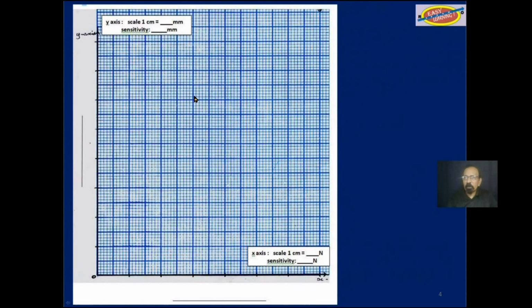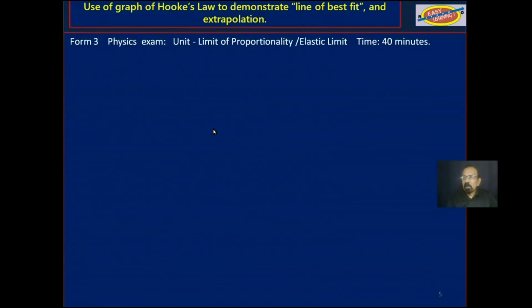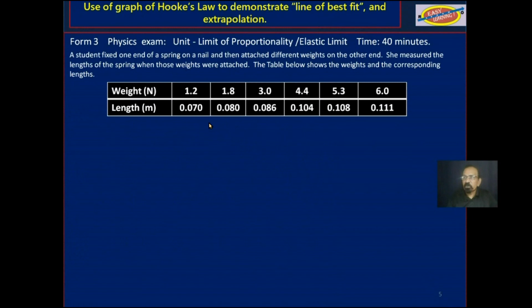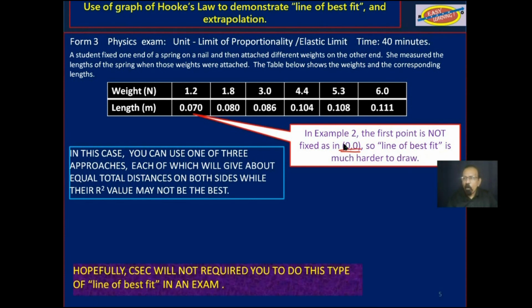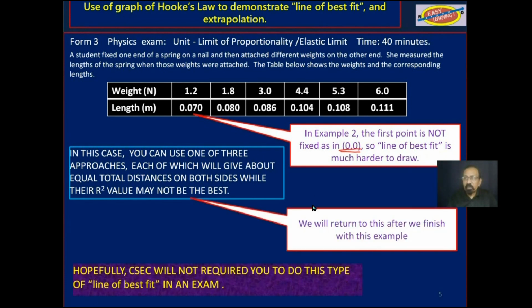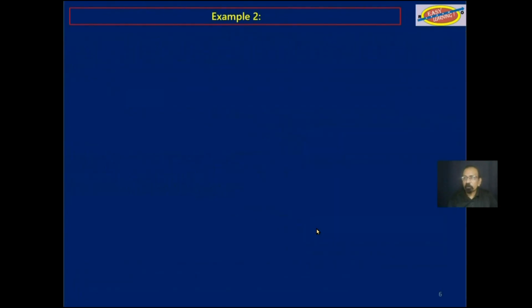So this was the graph paper that the students had to use. So we will speed this up. As I said, if you don't begin with 0, 0, it's a little harder to do, and we will come back to this in a little while after we finish this example that we are doing now.